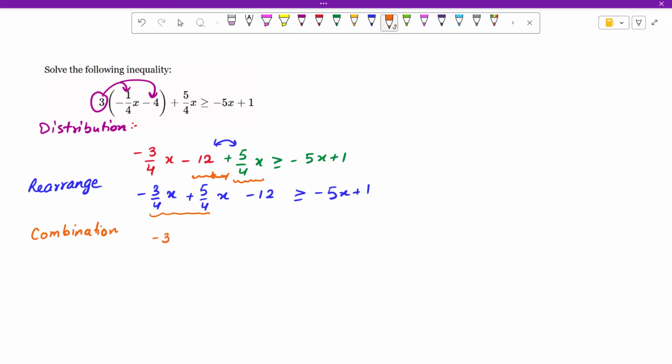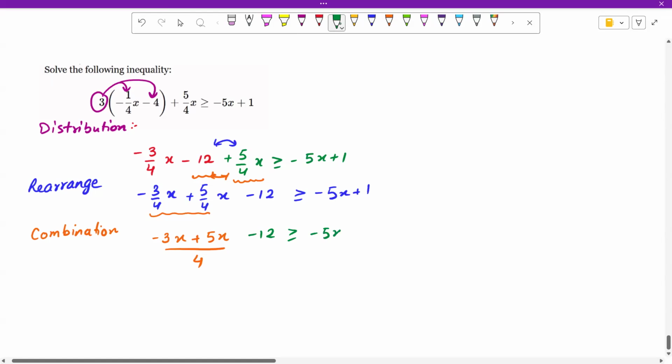See, this has a common bottom. Yes, the denominator is common. Can we write it this way? Yes, great. And the rest of the things remain as it is. Now, minus 3x plus 5x is how much?